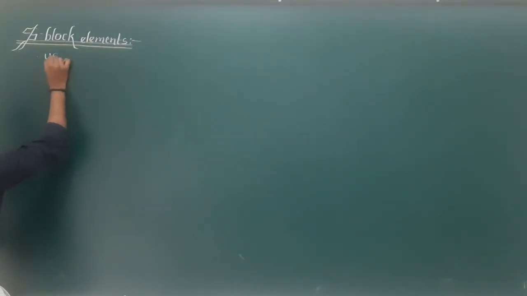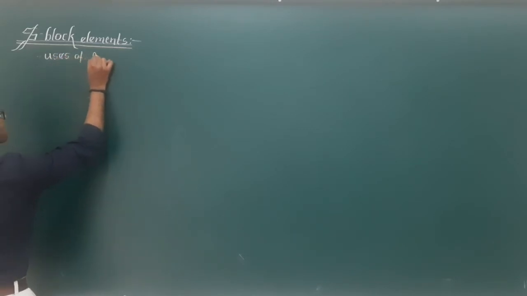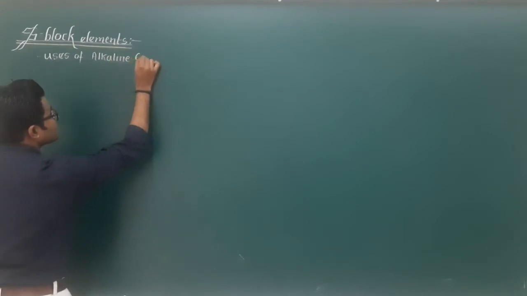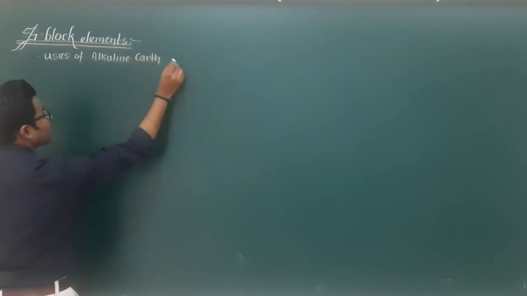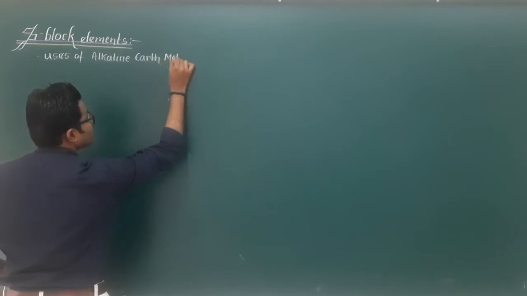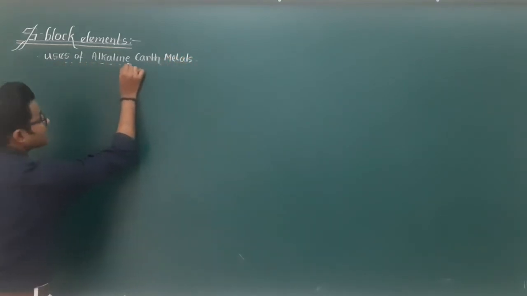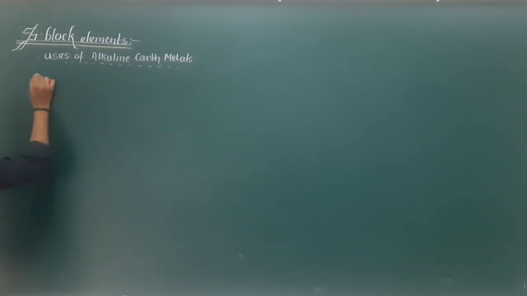Okay, so let's start with the first one, and that is going to be with respect to the uses. So, the uses of alkaline earth metals. Okay, so in alkaline earth metals, we'll start with the first one, and that is going to be beryllium. Right?